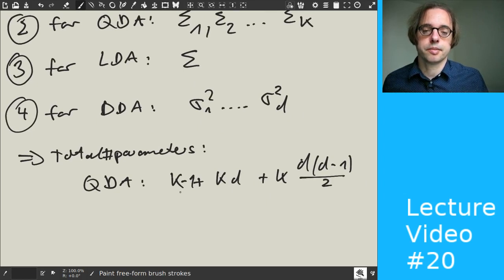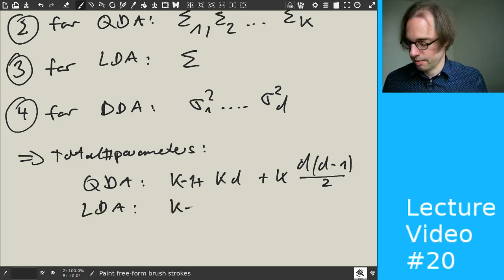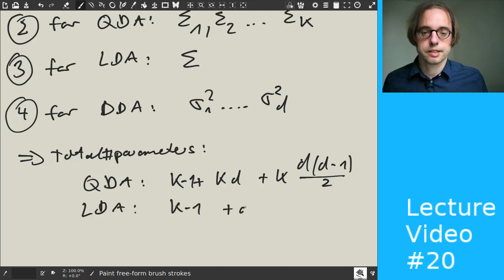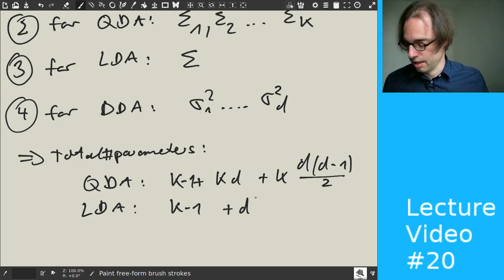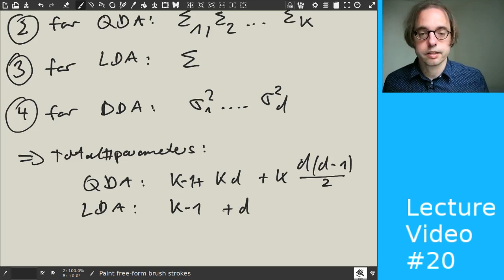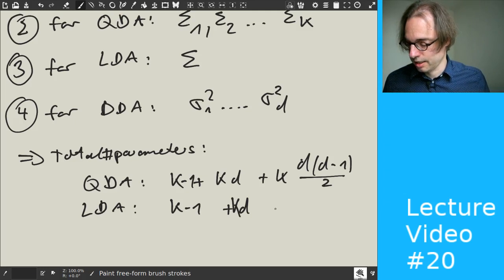Then the k minus 1 is for the pi. And this is the number of parameters. For LDA, it's k minus 1 plus k d plus d, because we only have one covariance matrix.